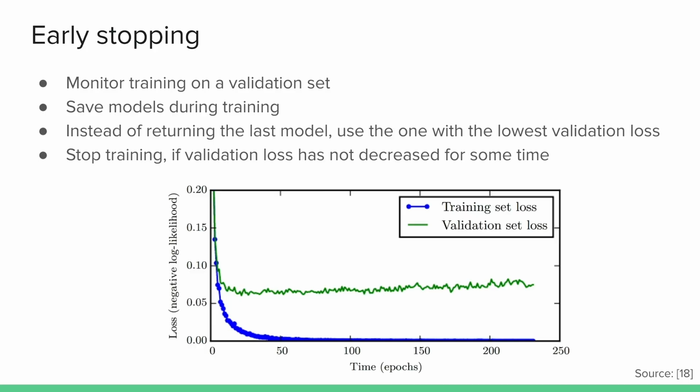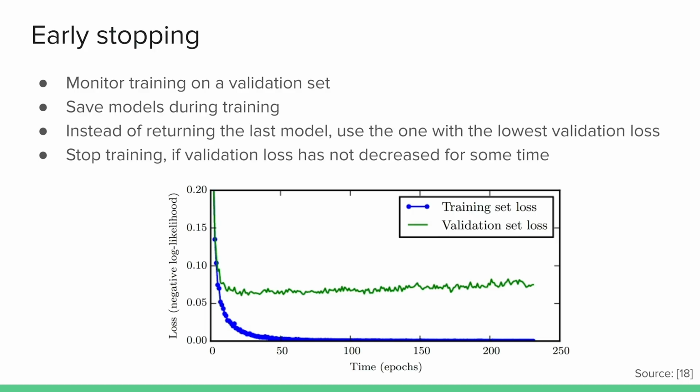So when you are at the end of your training, instead of returning the last model that you trained, the last training step of the last epoch, you actually return the epoch that had the lowest loss or the best performance on your validation set. It could be that that moment was already a long time ago, but what that means is that your network continued training and overfit your training set.